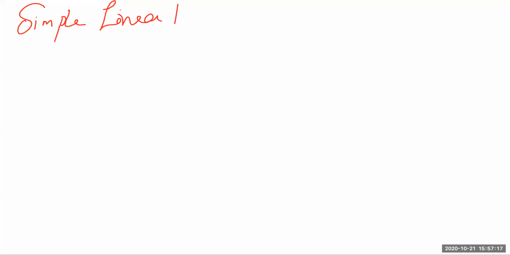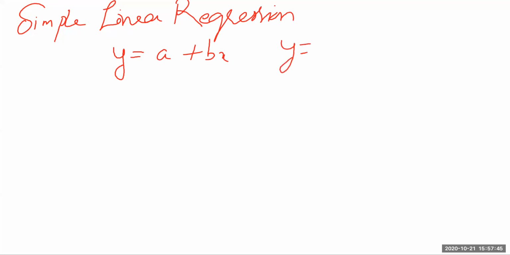So in simple linear regression, the model is denoted using an equation of the form, let us say, a plus bx, or we could write it as y is equal to mx plus c, a typical equation of a straight line.